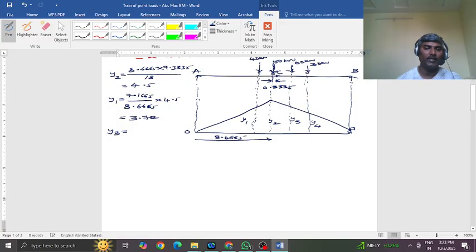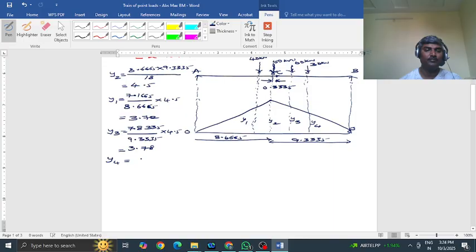Then y3: 9.3335 minus 1.5 gives the distance till y3, that is 7.8335, divided by 9.3335, multiplied by 4.5 gives the y3 ordinate, which is 3.78.